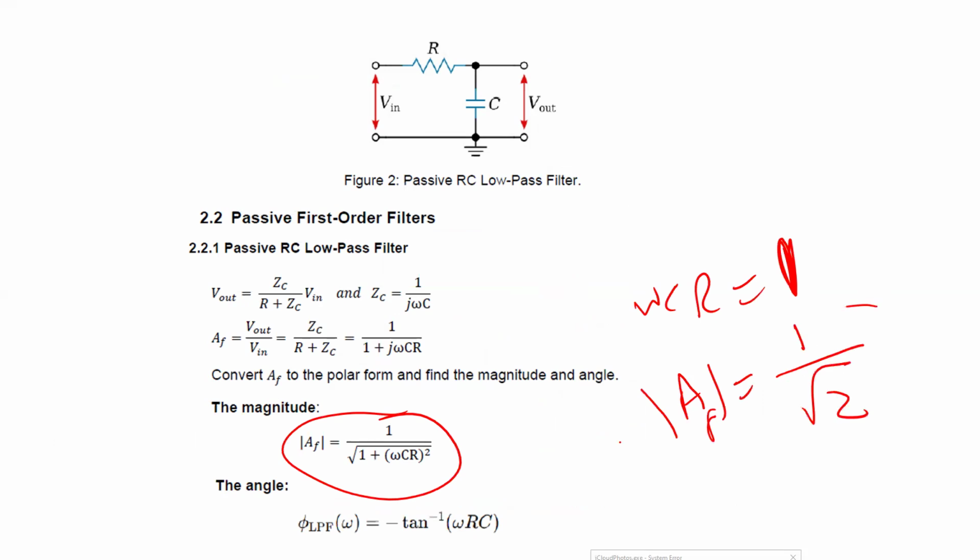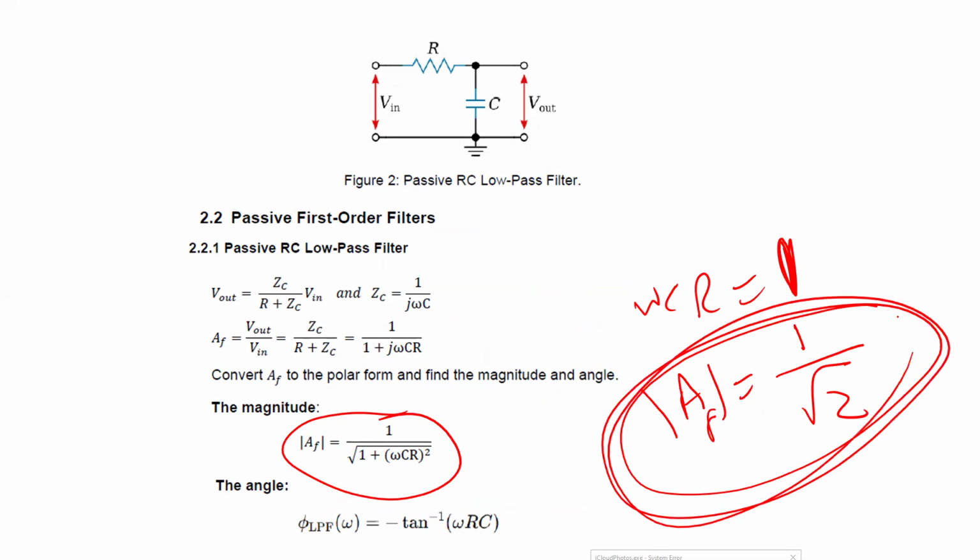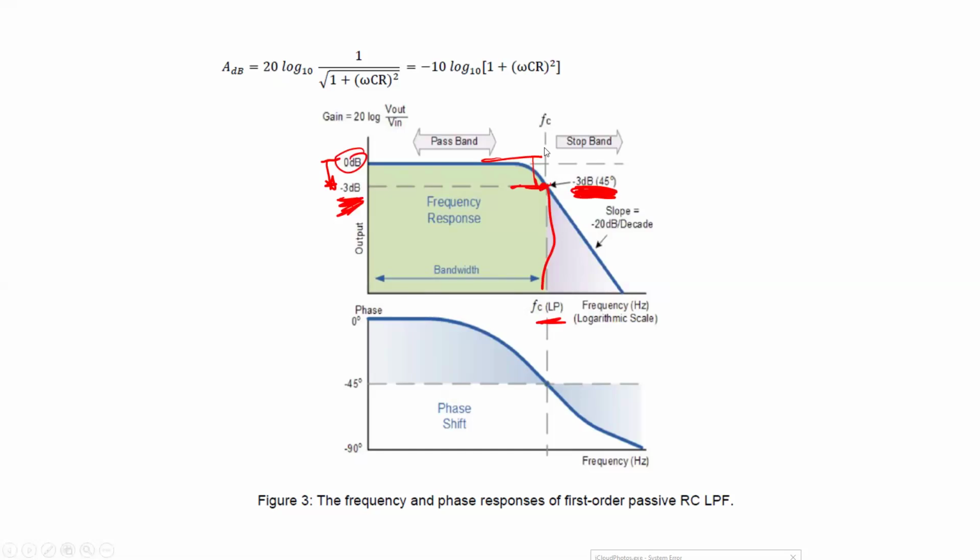This value corresponds to the moment at which the output power is reduced to half of the input power. As we increase the frequency, the magnitude of the output voltage reduces. The moment at which the output power is half the input power is what we call the cutoff frequency.